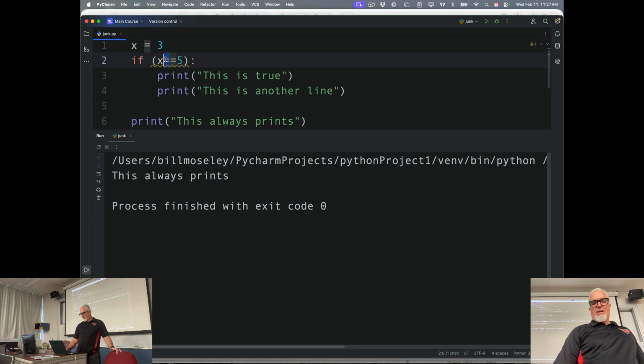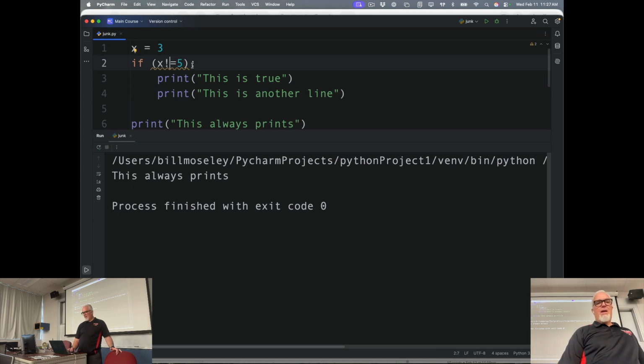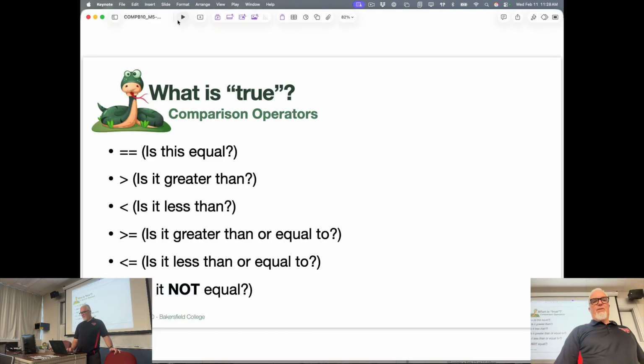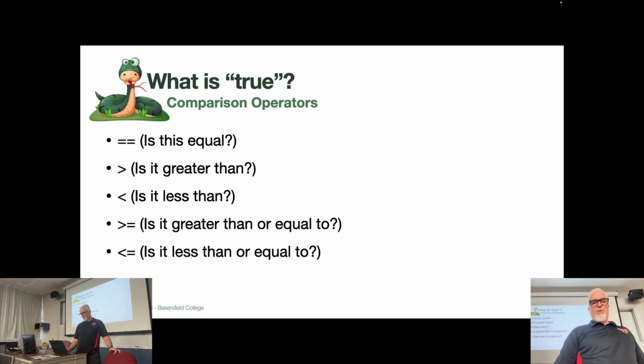But if I change this to the not equal, now, is that true or false? It's true now because x is not equal to 5. It's true that x is not equal to 5. So when I run that, now it prints those lines.